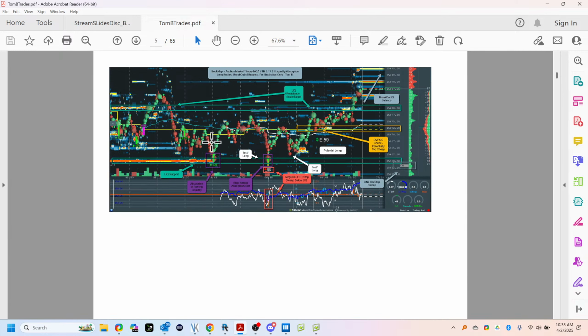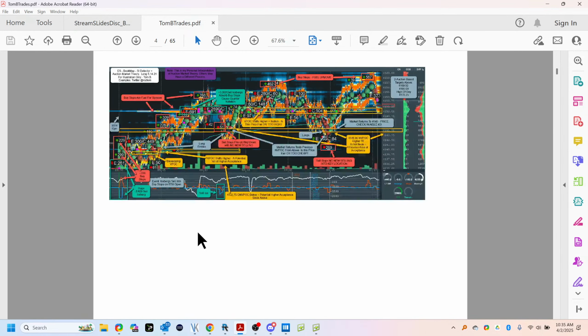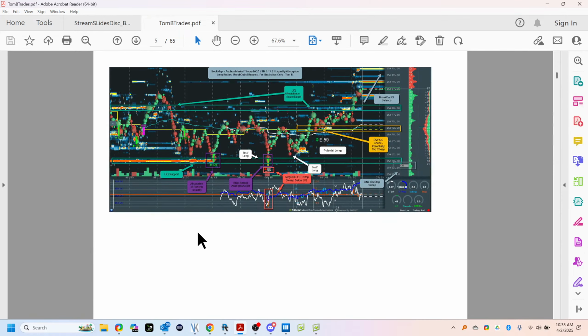And this is what the 60 PDFs of structured trades look like in the Bookmap Discord Trader Lab community. They are ideas that I grabbed, you might say, to help traders develop trading plans. Most of us spend our time trying to look for or create setups. Well, setups are not really what you might think they are.